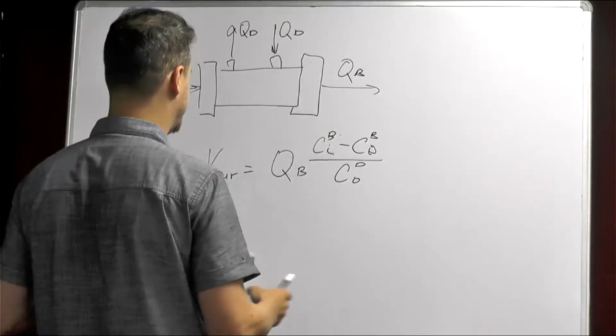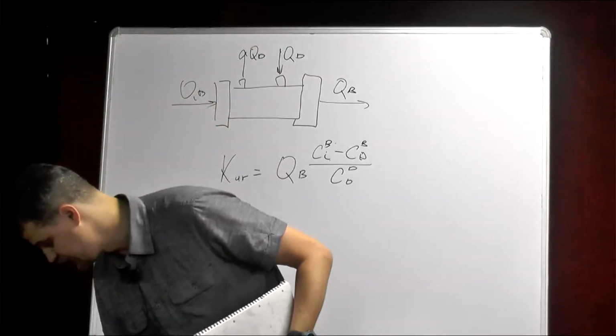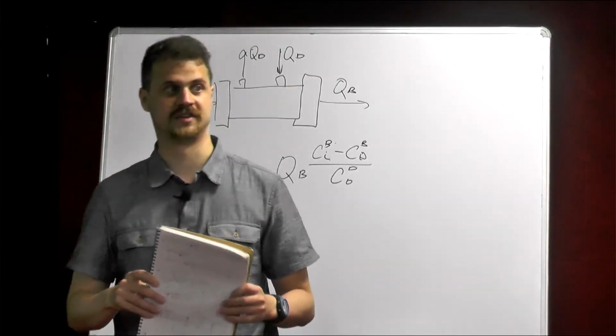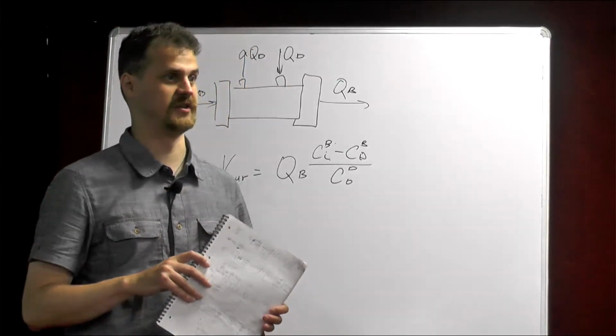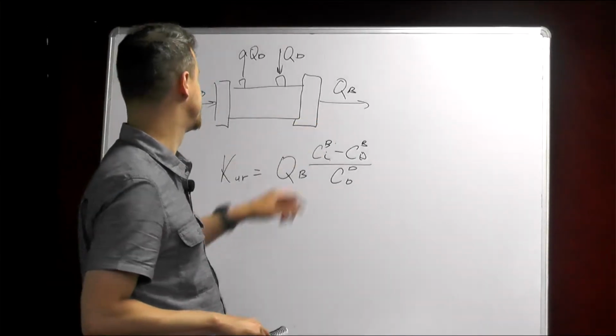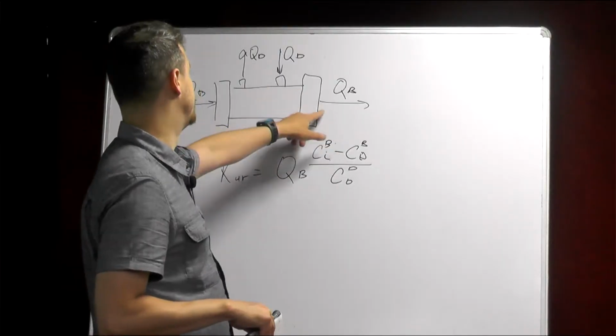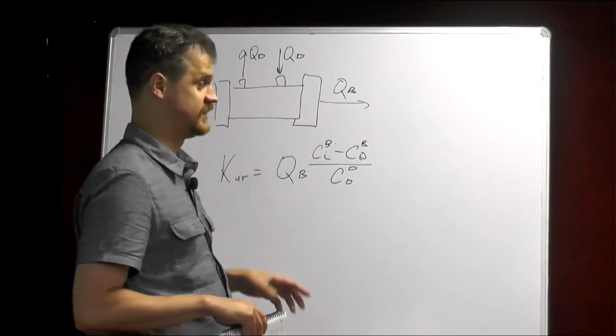To evaluate this parameter, you need to measure this concentration during the dialysis procedure, so you need sensors at the beginning of the blood flow, at the exit of the blood flow, and at the exit of the dialysis fluid flow.